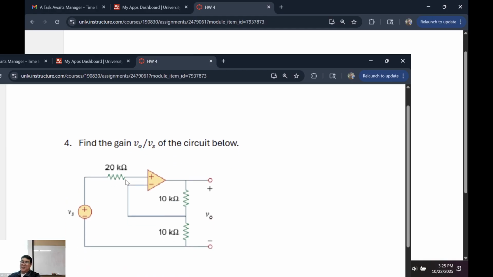Actually, let me show you what I mean. Use this problem as an example. This is page 6. Let me use this other marker. Plus minus Vs, and I don't know. Plus minus.